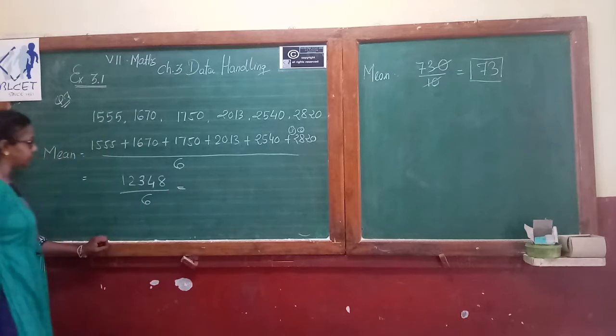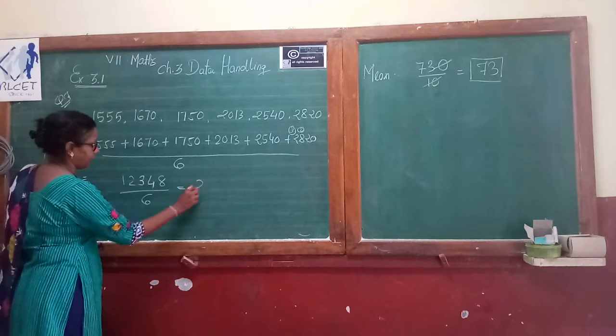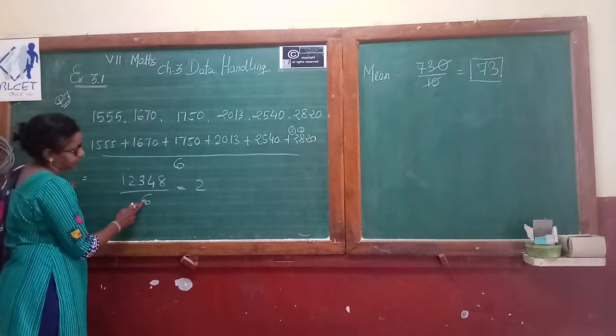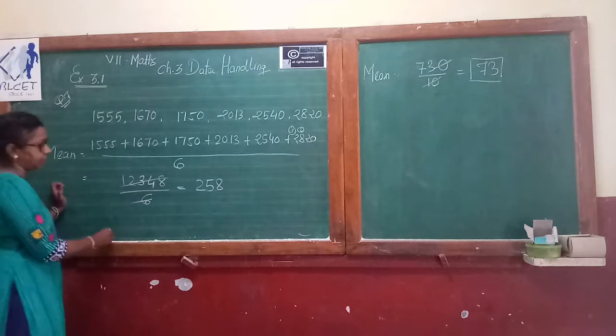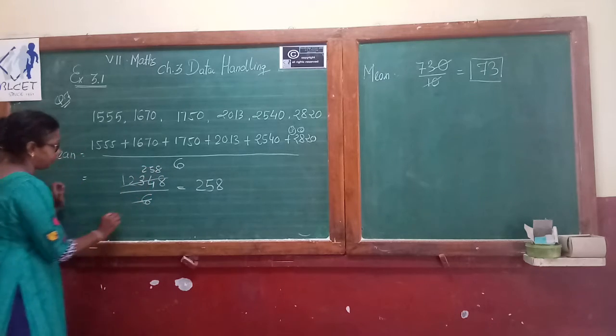So when you do the division, 6 2s are 12, 6 6s are 36, 6 5s are 30, and 6 8s are 48. So what is the answer? 2058 is your mean.